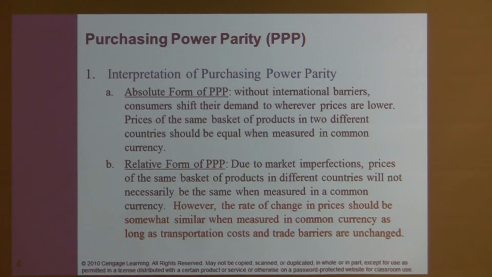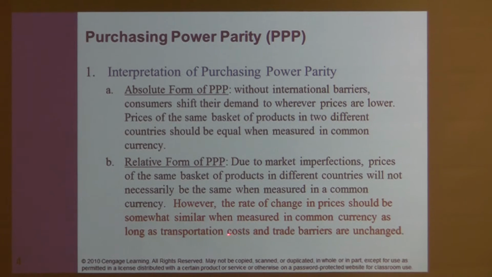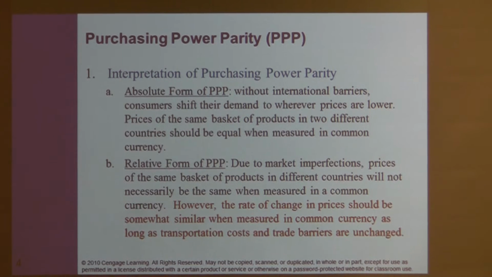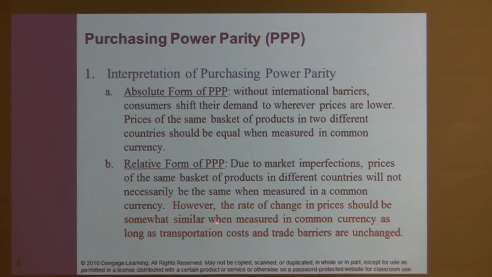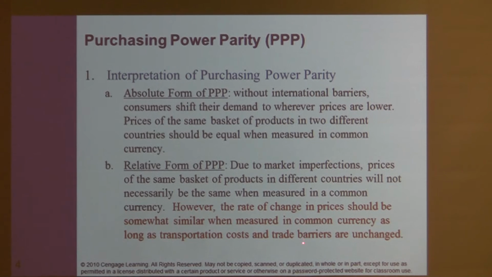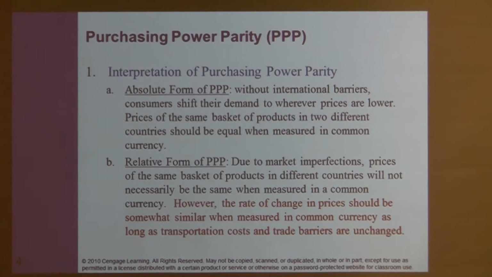That is the absolute form of purchasing power parity. What I have in red talks about the relative form of purchasing power parity. And what it tells you is that the rate of change in prices should be somewhat similar when measured in a common currency, as long as costs and trade barriers are unchanged.